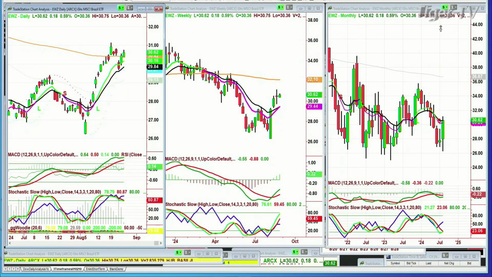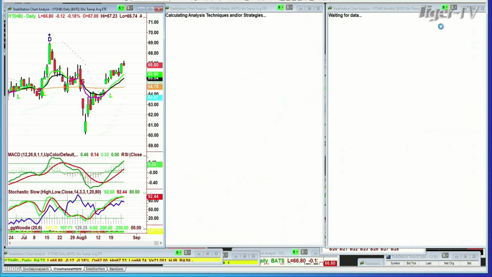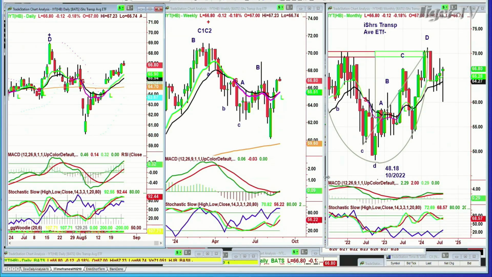Okay, so I thought I'd do this just in this particular segment. So look at the IYT. The IYT is the Transportation Index. It made a peak D back in the middle of July. It's very important.